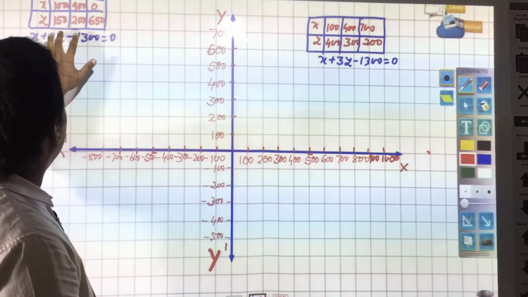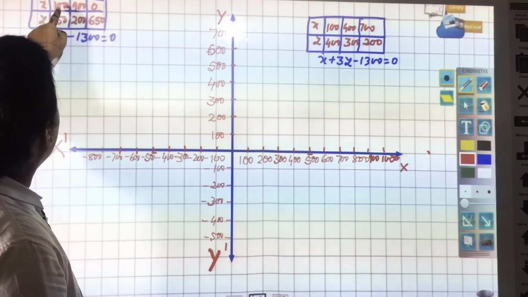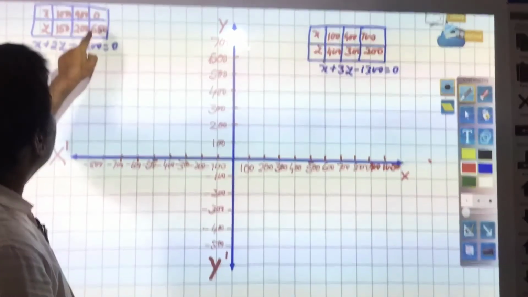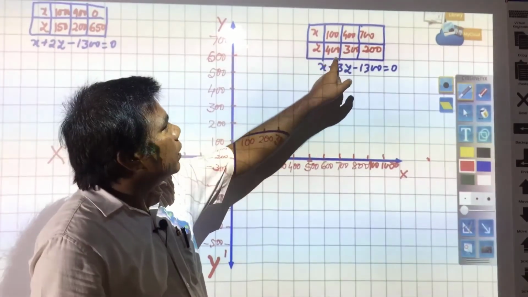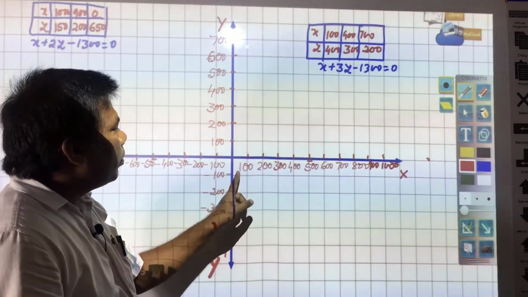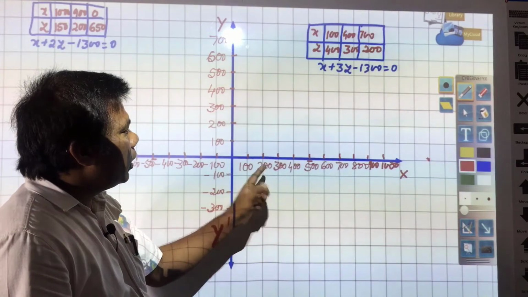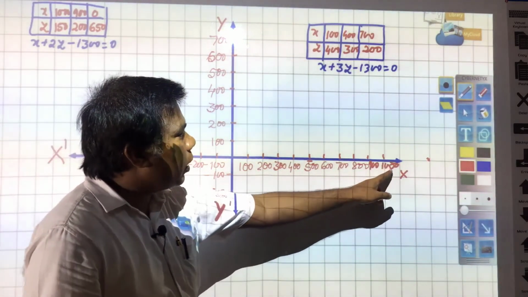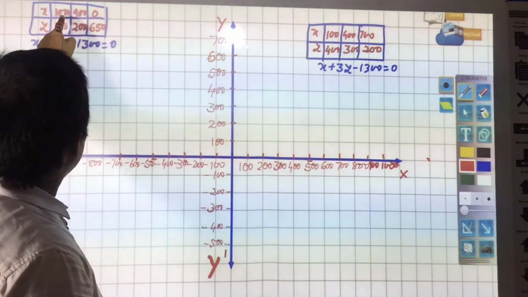Since the coordinates are bigger numbers, we have started with 100, 200, 300, 400 up to 1000, because x we have maximum 1000.